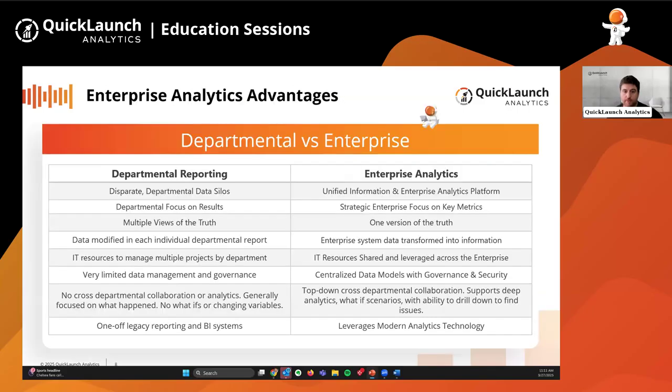So when you compare this to departmental or siloed analytics, you start to see that departmental or siloed approaches create new problems for you and new hurdles to overcome. And so this comparison illustrates that enterprise analytics provides organization-wide coverage versus more siloed departmental views.